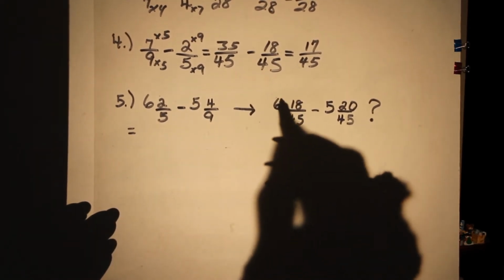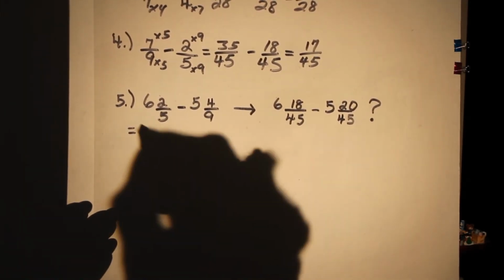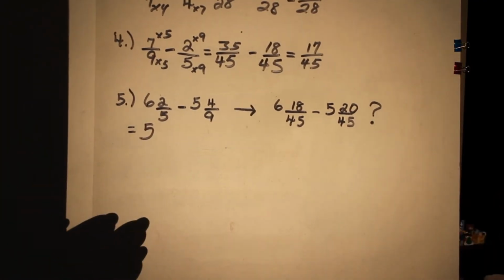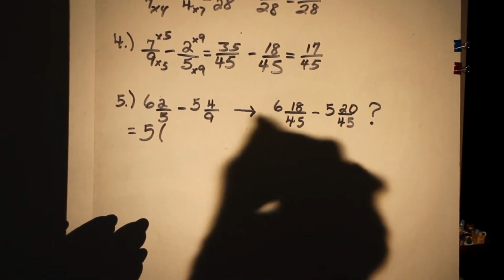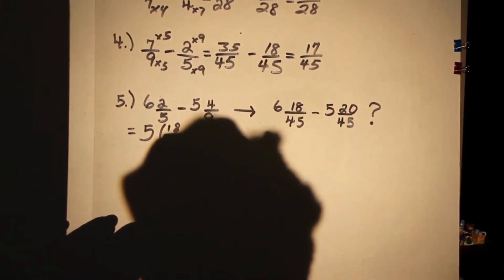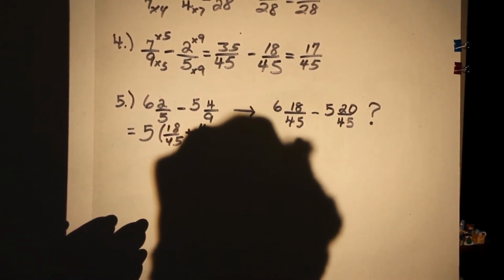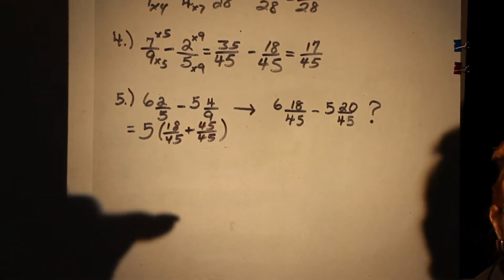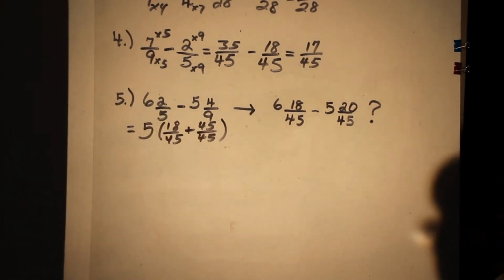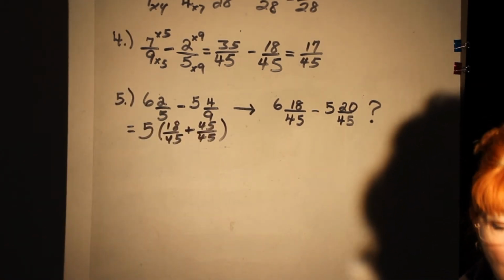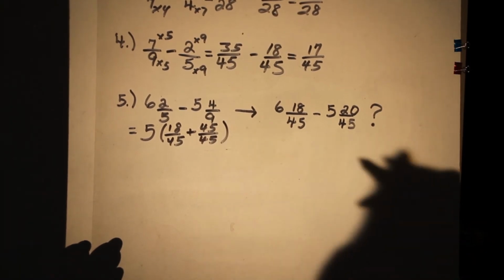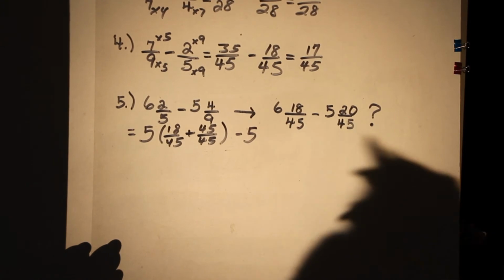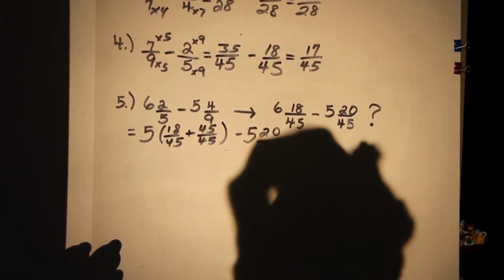So I'm going to borrow from the 6 and it's going to become a 5. Now the fraction form that I'm going to put together in this case is going to be 18/45 plus 45 over 45. How many 45s can I get out of 45? I can get 1. So I'm still looking at my fraction form of 1. And we're going to subtract 5 and 20 45ths.